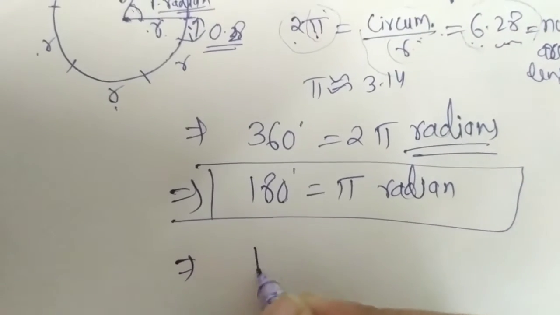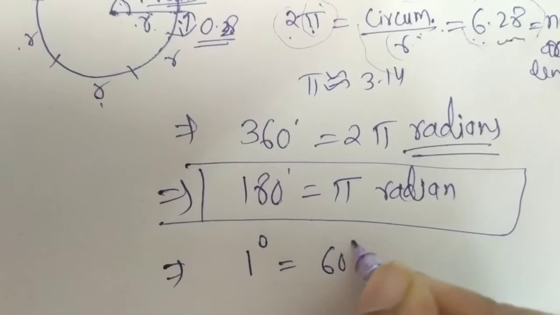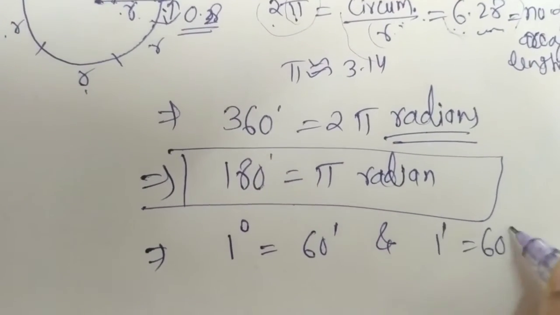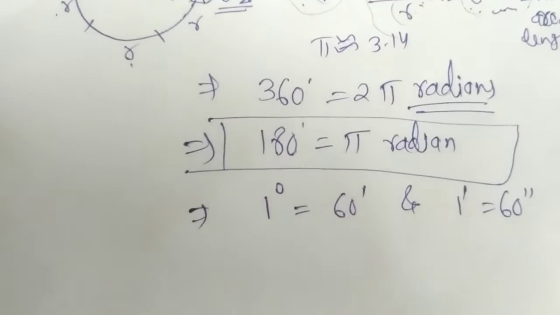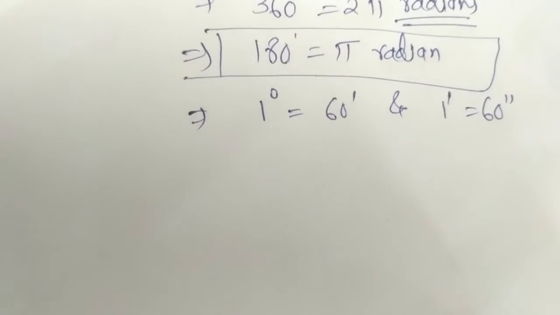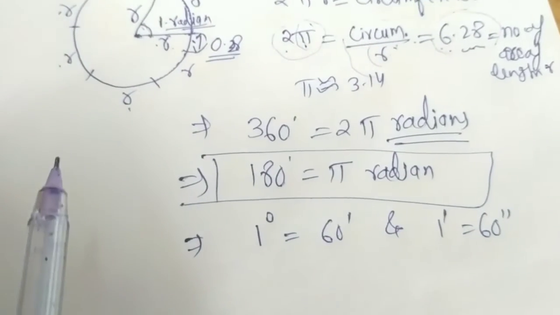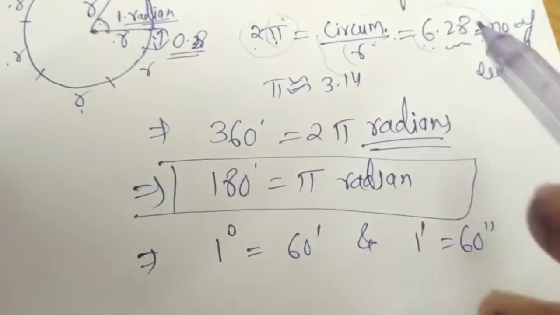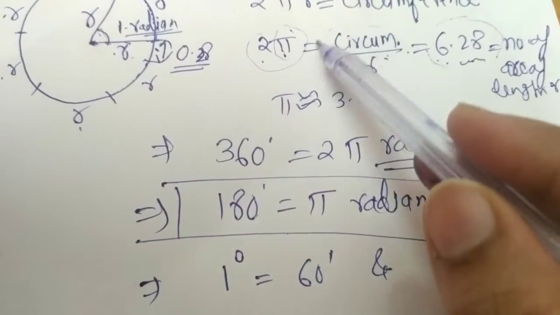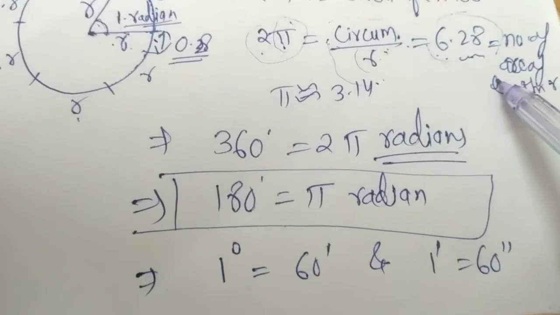Also, we can write 1 degree is 60 minutes and 1 minute is 60 seconds. Okay, now if we are given the arc length and the radius, the ratio of arc length and the radius gives us the angle in radians.